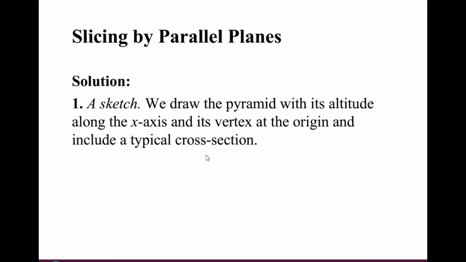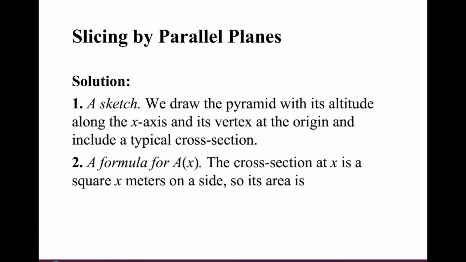All right, so we've drawn the sketch. And since the cross section at X is a square X meters on a side, its area is going to be A of X equals X squared.